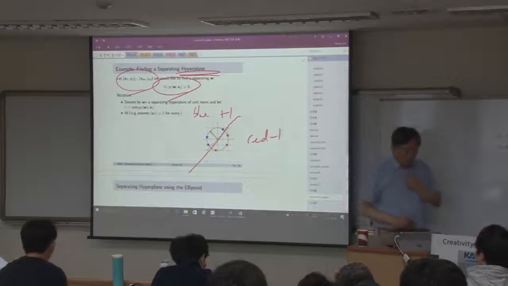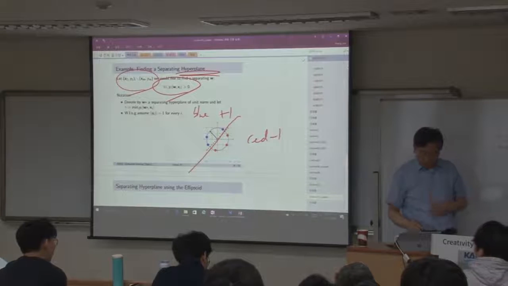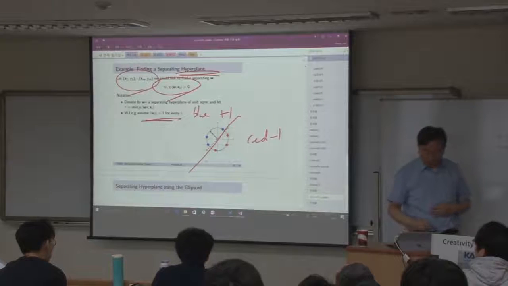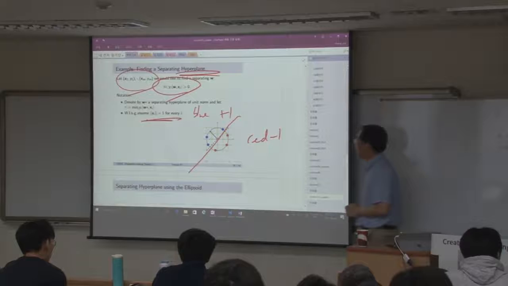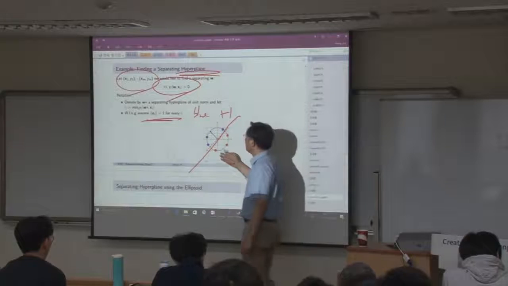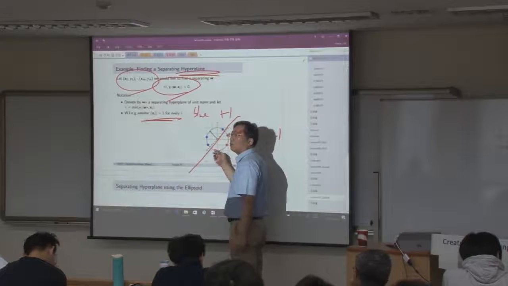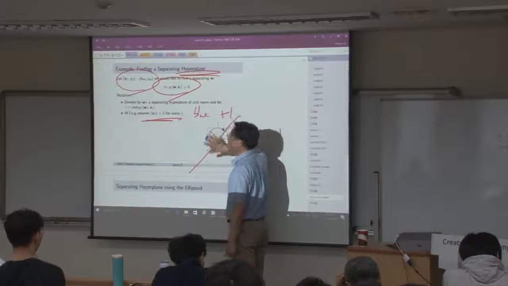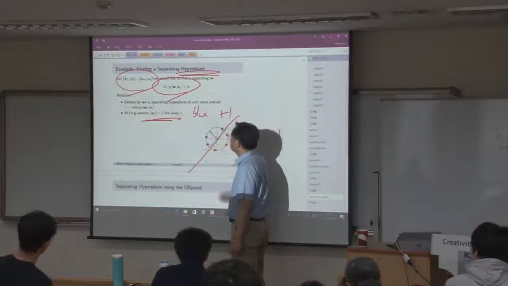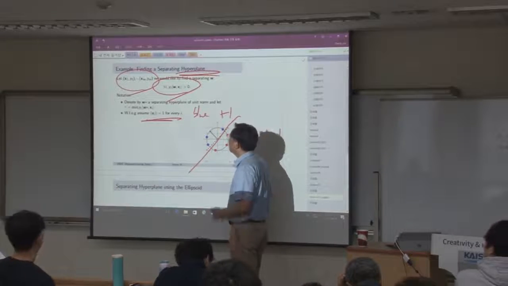Okay? I'm going to normalize the data for all i, normalize it so that all of them are within the unit ball without loss of generality.